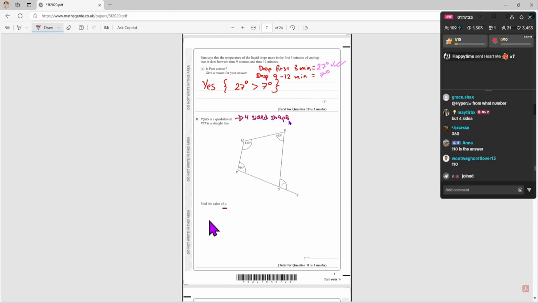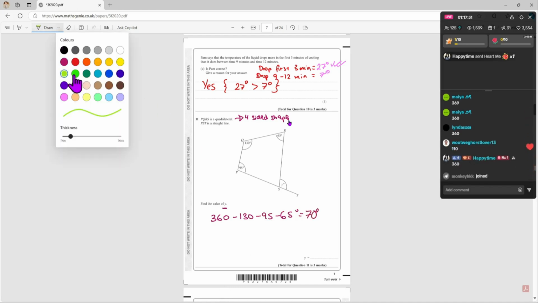Now, PST is a straight line. Work out the value of y. So we know that angles in a quadrilateral add up to 360 degrees, okay? So we're going to do 360 minus 130 minus 95 and then minus 65 degrees. When you put this into your calculator, you will get 70 degrees.